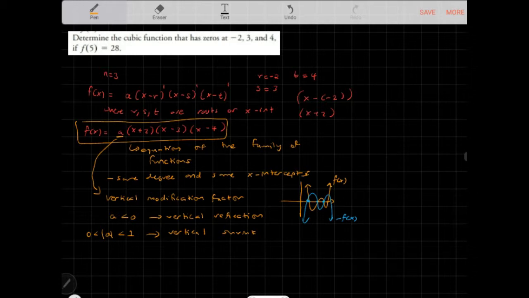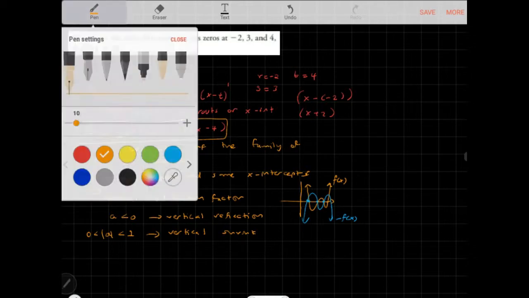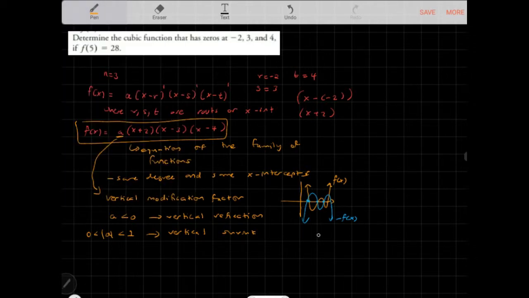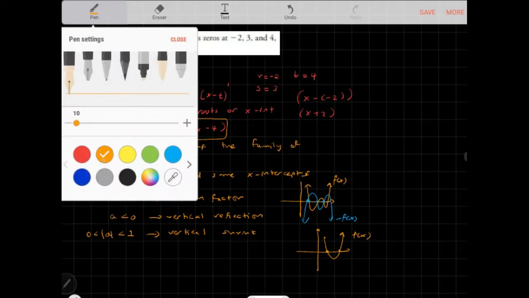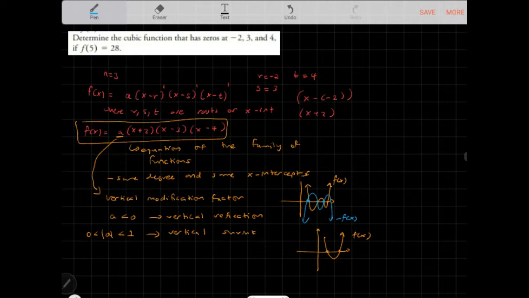A vertical shrink would mean that if this is your original function, and I'm just going to use a different function to show that, if this is a quadratic as your original function, a vertical shrink here would basically mean this, a f of x, where a is greater than 0 but less than 1. And notice I'm just looking at the absolute value of a, right? So that's what a vertical shrink would look like.